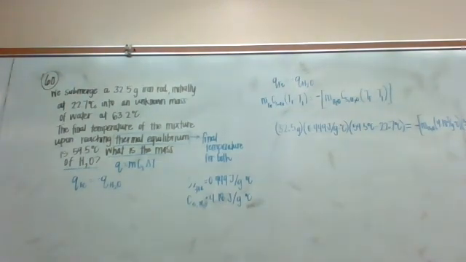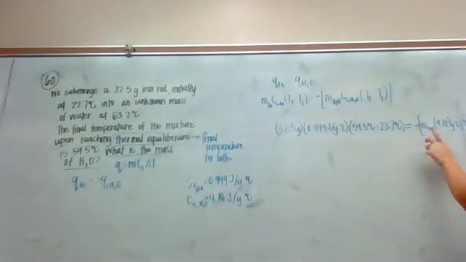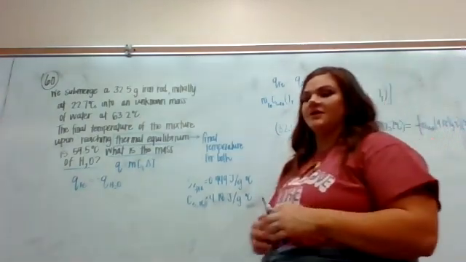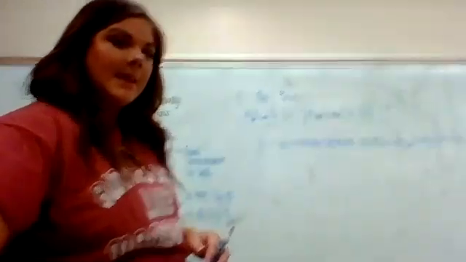Okay, now to start simplifying. I can completely simplify this left side to one thing. Then on my right side, I'm going to multiply delta T and my specific heat, and then I'll be left with the mass of water. So it's kind of like your x.